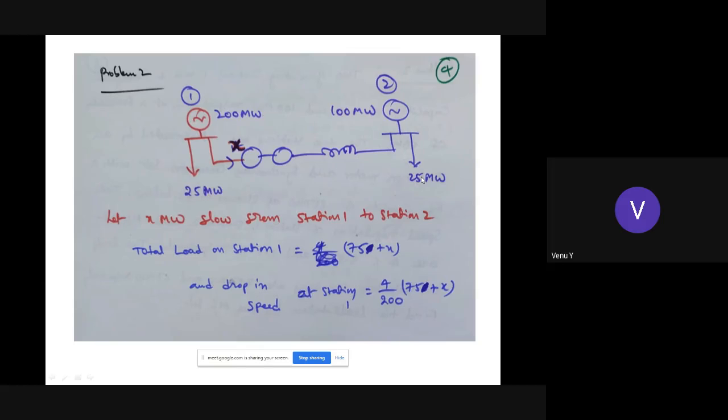This is 25 megawatts. Station number 1 and 2 are connected with a transmission line of reactance X, via an MG set, a synchronous generator and induction motor set, which is connected.